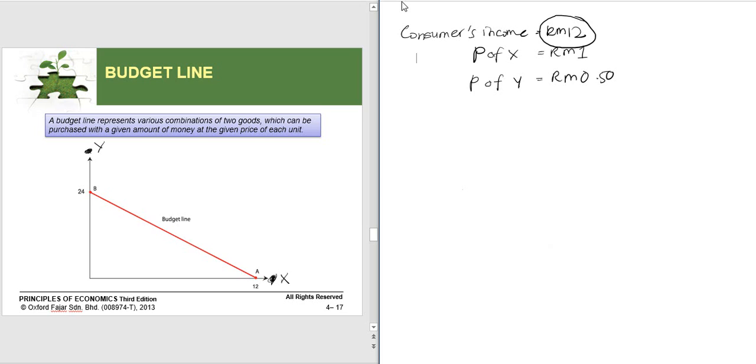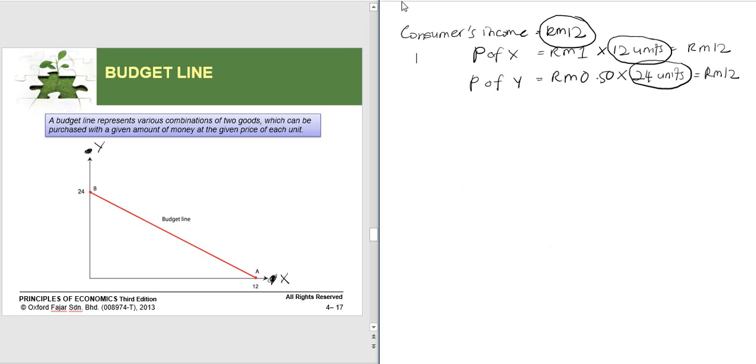The price of product X is 1 ringgit, so the consumer can buy 12 units of product X. That will total up to 12 ringgit. And for product Y, since the price is 50 cents, the consumer is able to buy a maximum of 24 units. So that amounts to RM12. So the quantity of product X that the consumer can buy is 12 units, and the quantity of product Y that the consumer can buy is 24 units.